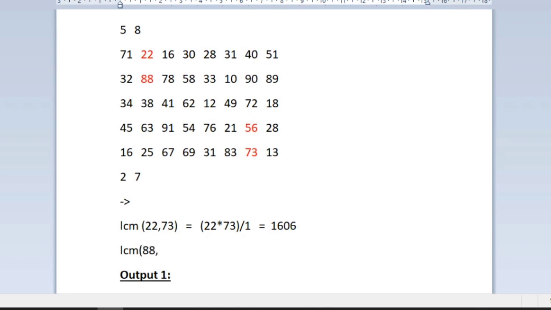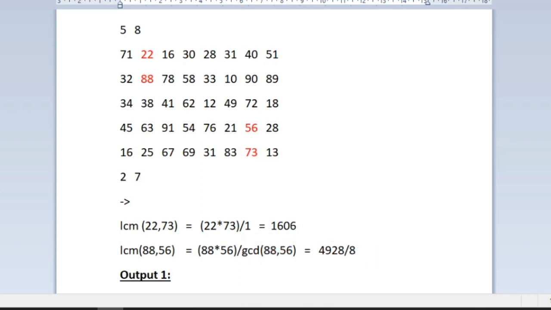Again we are going to use the same formula, a into b divided by GCD of a and b. Here a and b are 88 and 56. So 88 into 56 divided by GCD of 88 and 56. The value of 88 into 56 is 4928 and the GCD of the two numbers 88 and 56 is 8.